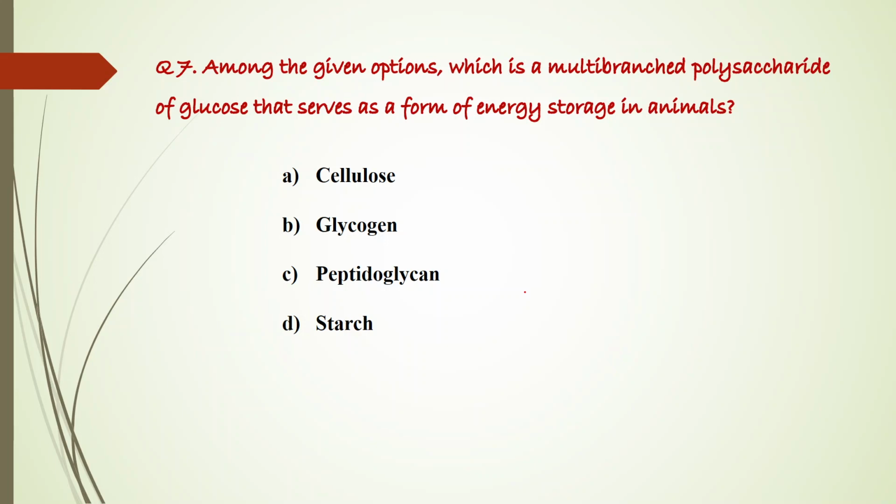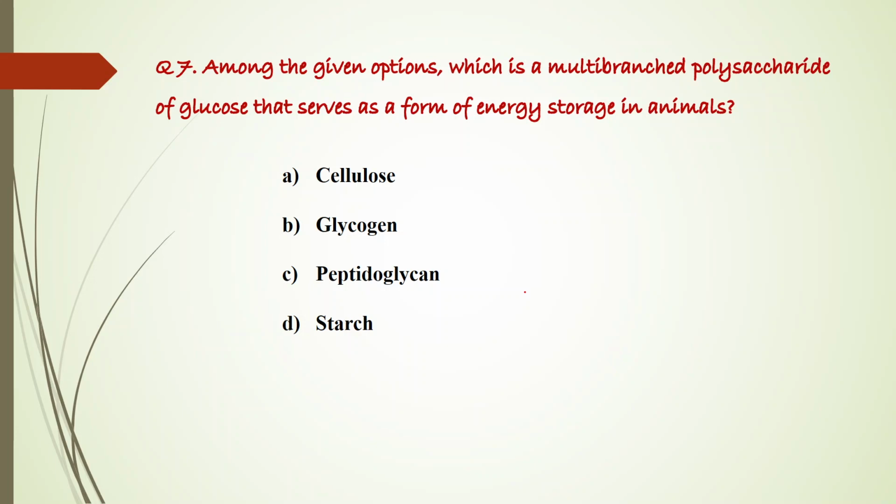We have basically two storage carbohydrates, one in plants and another in animals. In animals, we have glycogen, which is a multi-branched polysaccharide that serves as our energy storage. In any kind of storage carbohydrate, the structures are generally branched because you need to store much more energy inside. That's why you have a branched structure.